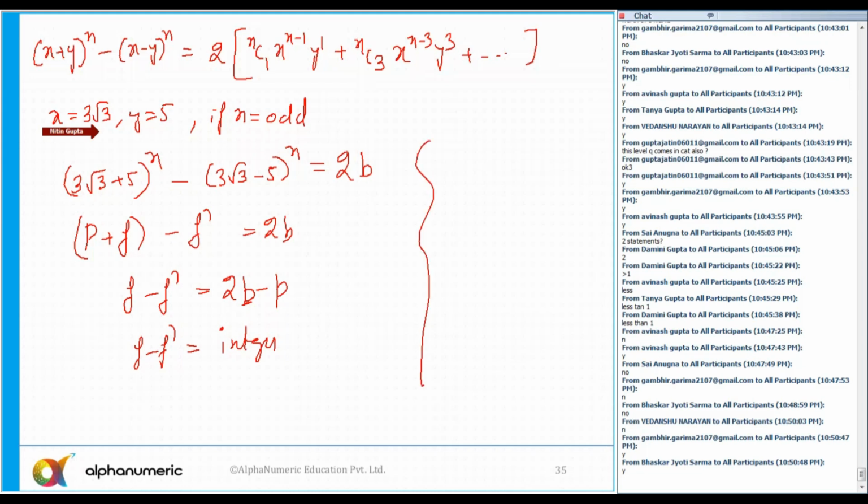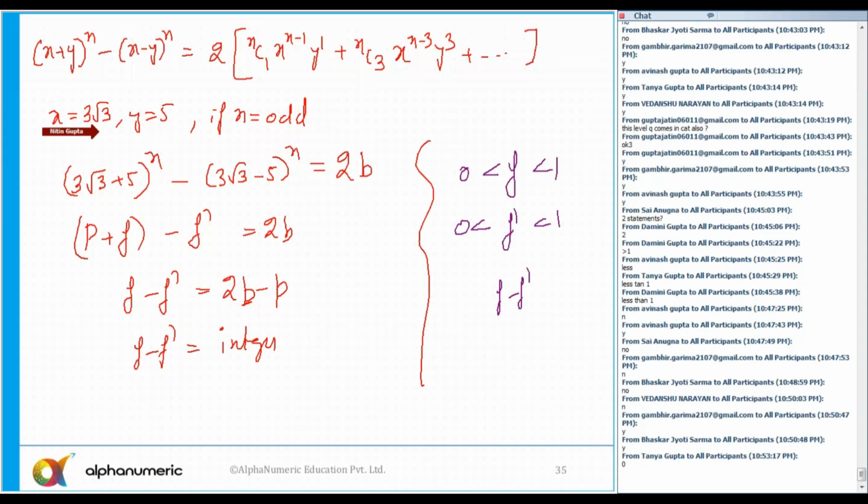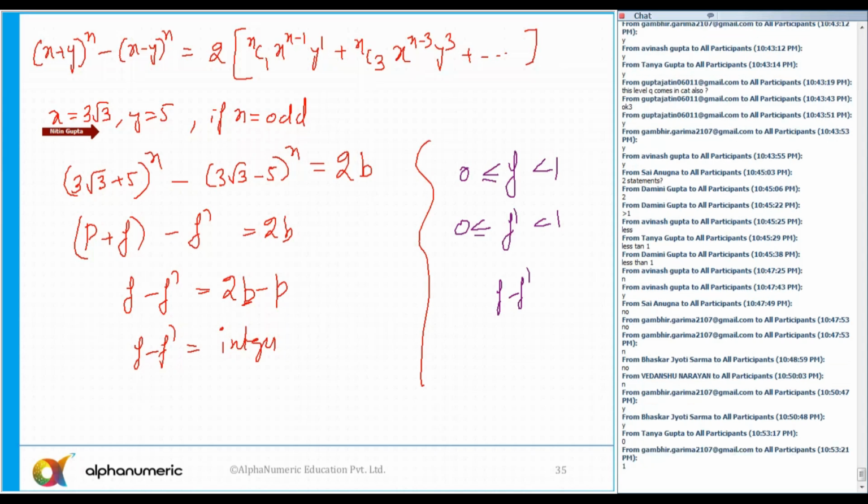And we also know that the value of f lies in the range 0 to 1, and f dash also lies in the range 0 to 1. So f minus f dash: what is the possible value of f minus f dash? Tell me. Okay, this can even be equal to 0, since a fractional part can be 0 also.